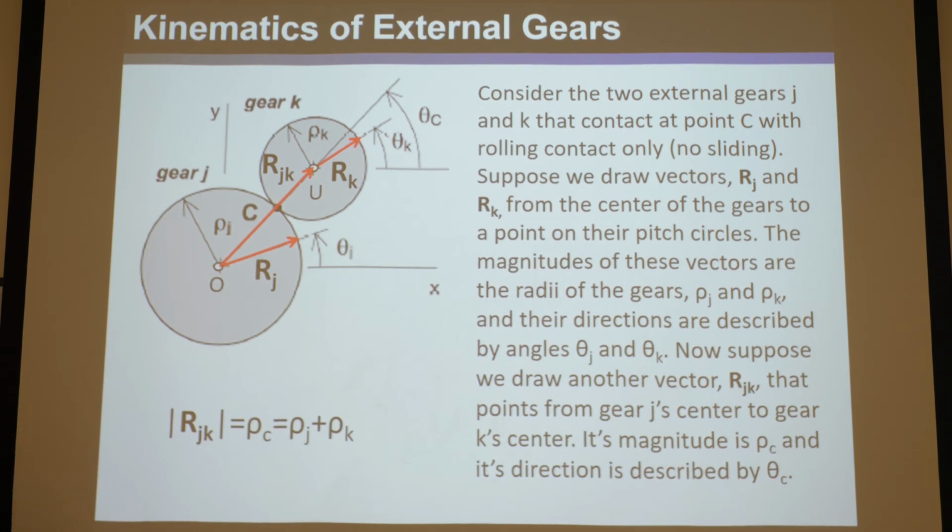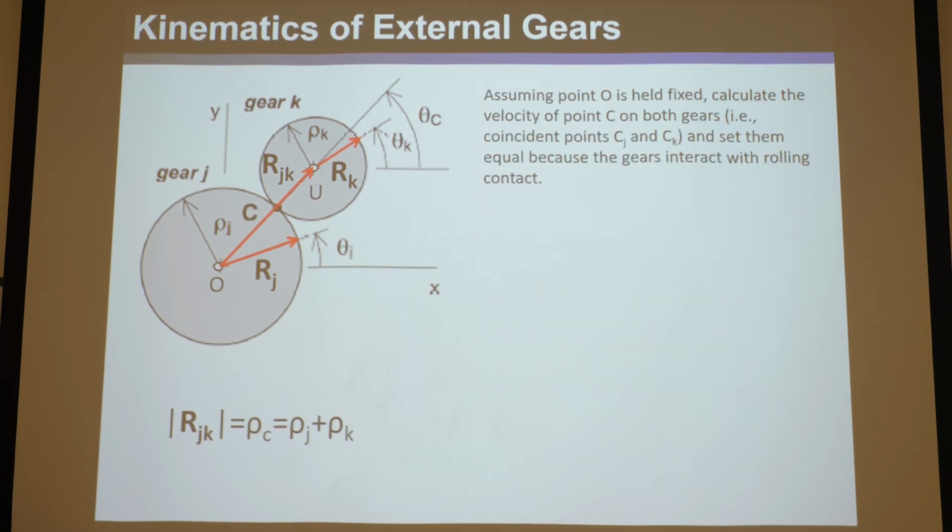Okay, so let's do some math and figure out how we can define the relationship between theta_J, theta_K, and theta_C for external gears, okay? We're going to assume point O is held fixed. We're going to calculate the velocity of point C on both gears, okay?